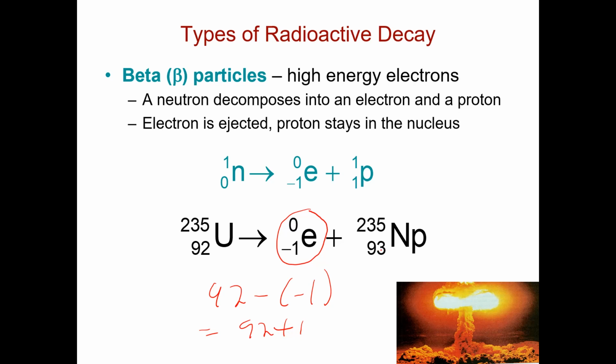So 92 plus 1 would give us 93. Our mass number doesn't change since this electron is so small that the mass is negligible. And if we look up atomic number 93 on the periodic table, we find that we have neptunium.